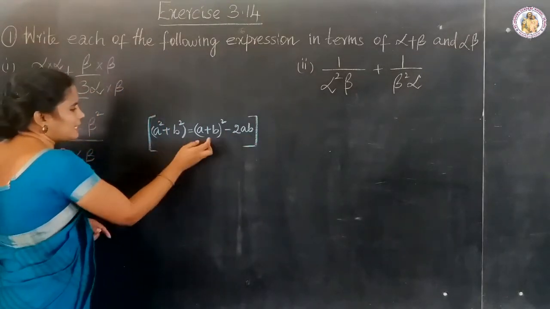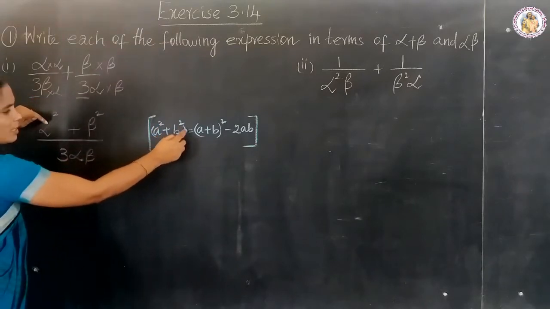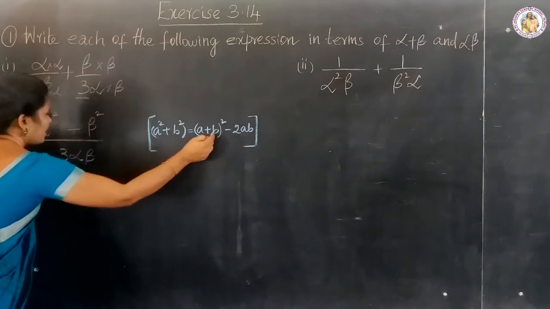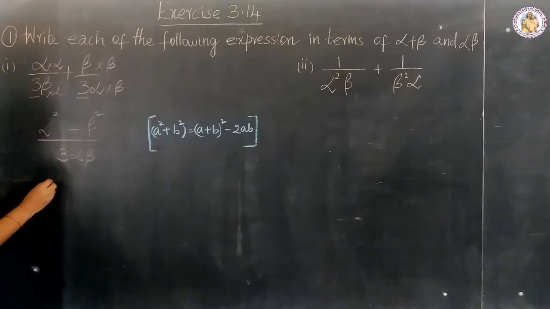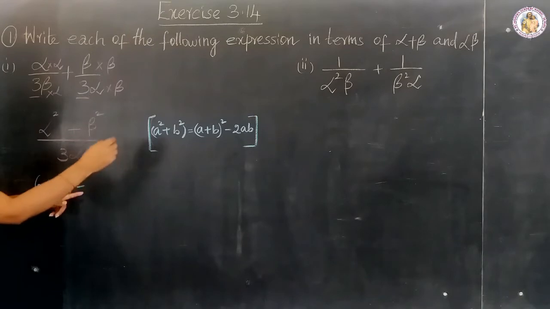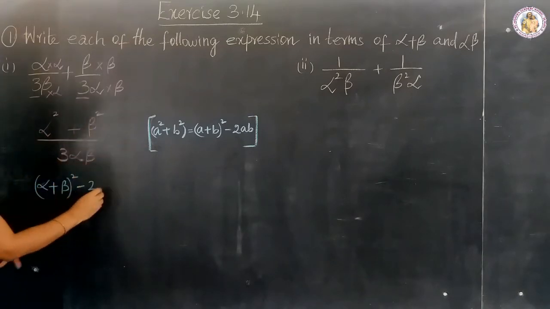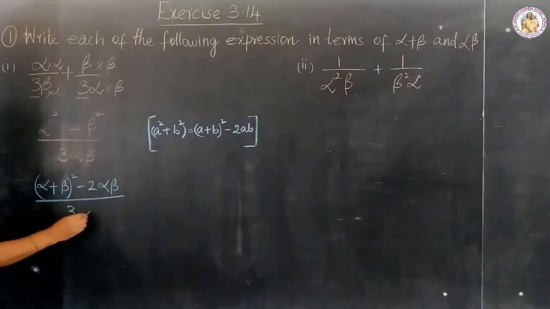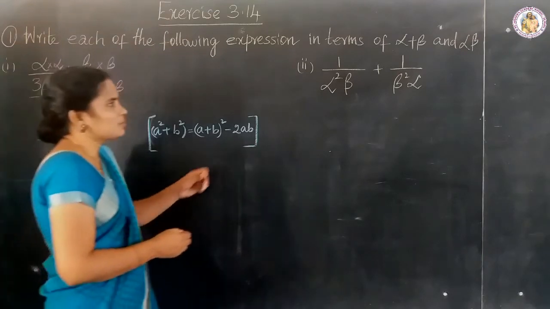With that identity we can apply here: a square plus b square is equal to a plus b whole square minus 2ab. That is the same as alpha square plus beta square. So write alpha plus beta whole square minus 2 alpha into beta, divided by 3 alpha beta.